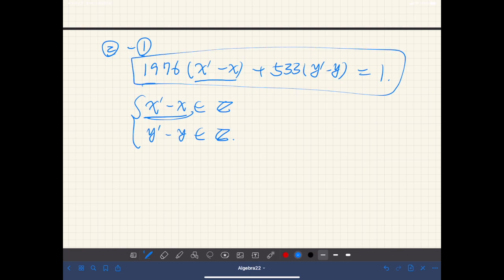Now the right hand side is 1, and 1 divides both this and this, right?